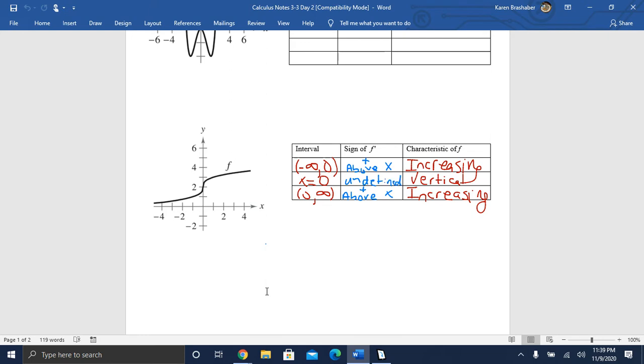And if we're going to have an undefined area of the graph at 0, then that means that we're going to have a vertical asymptote. So when I get ready to draw the graph of the derivative, my y-axis is going to serve as a vertical asymptote.